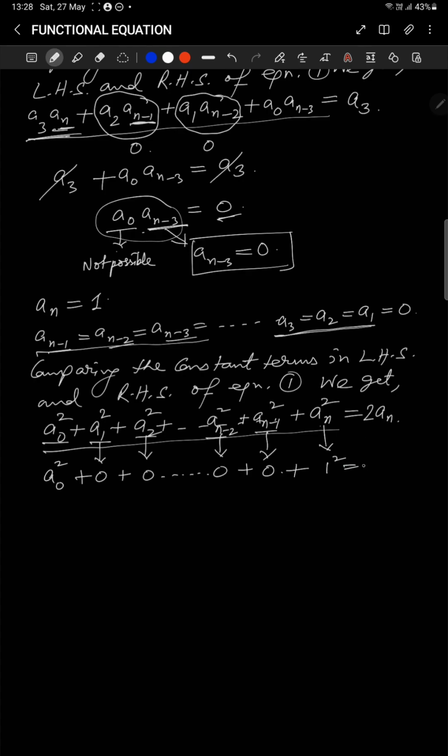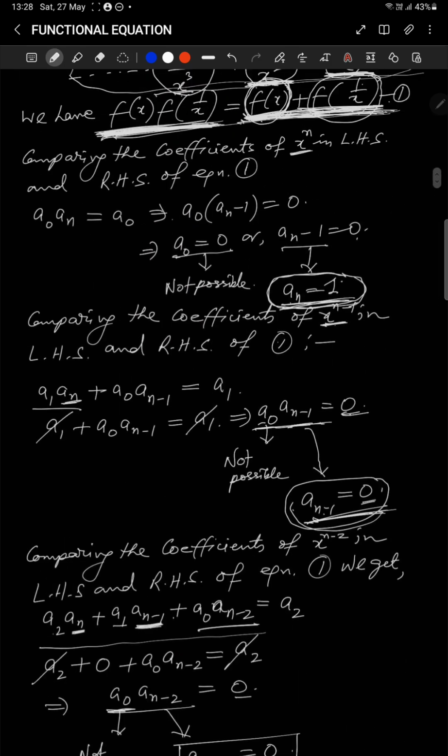In the right hand side, do you find it is 2 multiplied by 1? So ultimately what we are getting is a0 square is equal to 2 minus 1, that is 1. So finally a0 is equal to plus minus 1. So we have found the value of a0 as plus minus 1.